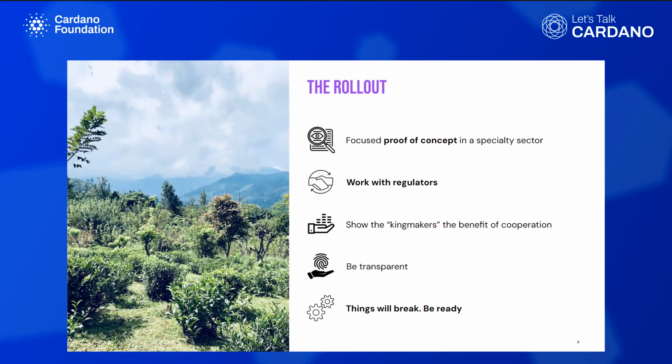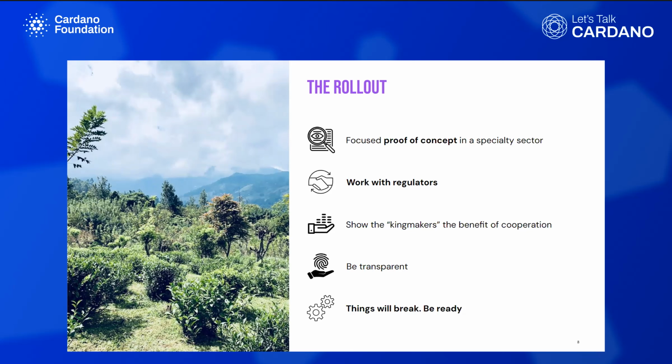Again, this is not the only way to do it, but this is a very good way to do it. So you've got an RWA solution. Pick a sector that you think is going to be a low barrier of entry, low hanging fruit, like I said before, and just deploy it on that scale. Succeed on that scale. Don't try to conquer the world all at once.